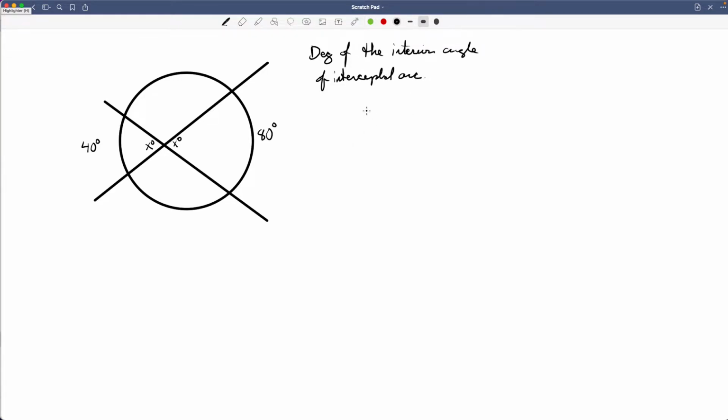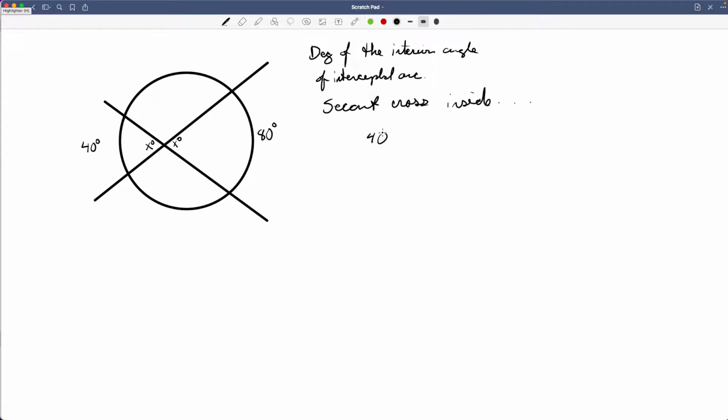So what we do is we're going to add both of these degrees together, and that is when it crosses on the inside. When the secants cross, I don't want that to be taken as x. So let's say when the secants cross inside, only when the point of intersection is on the inside of the circle, we're going to add.